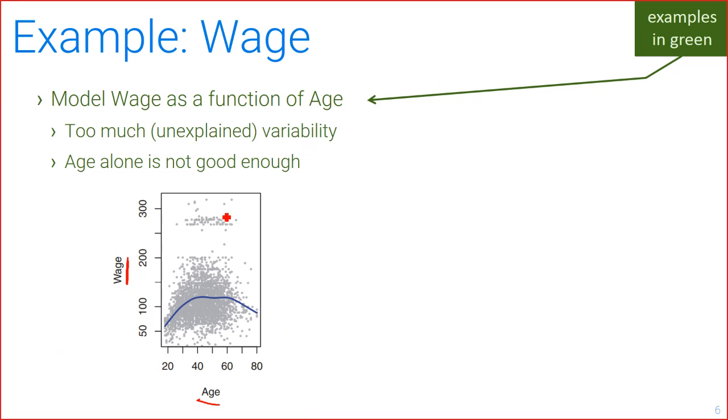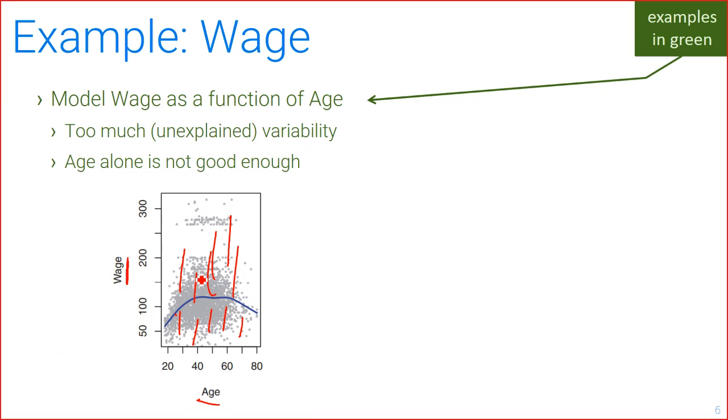Now, we might be able to build a model. Let's say this blue line over here is what the model tells us the relationship is between age and wage. And immediately we can see a couple of problems. First of all, there is a lot of unexplained variability. So the model is predicting this blue line, but any given observation can be very far away from the prediction of the model.